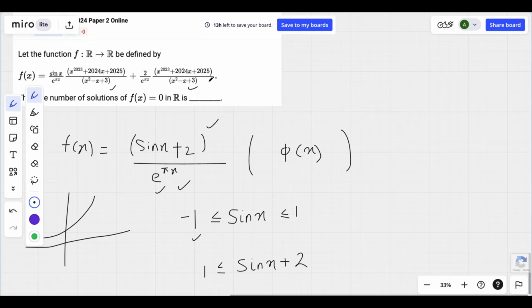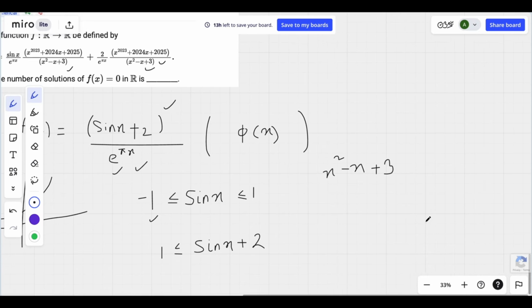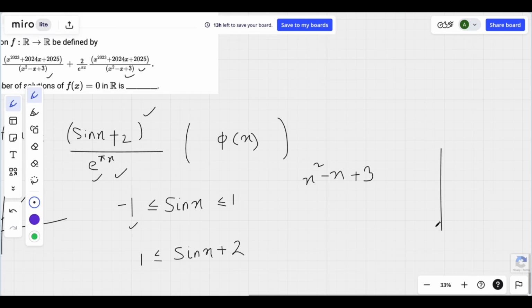Coming to this function, x square minus x plus 3, this is a quadratic, so its graph will be a parabola, and it's an upward parabola because the value of a is 1, which is positive.